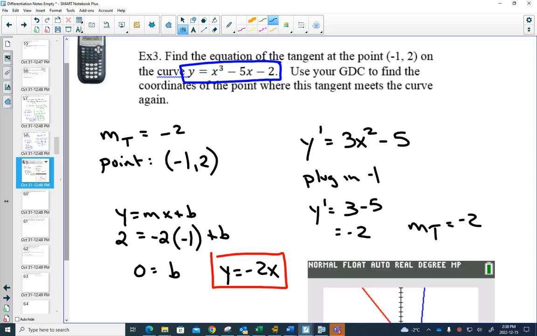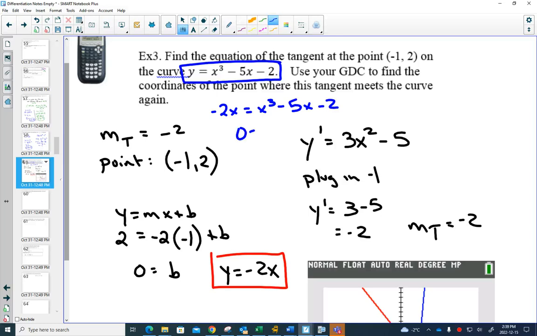You would have to plug in -2x for y, and then you would have to attempt to solve this equation. How do you solve the cubic equation?